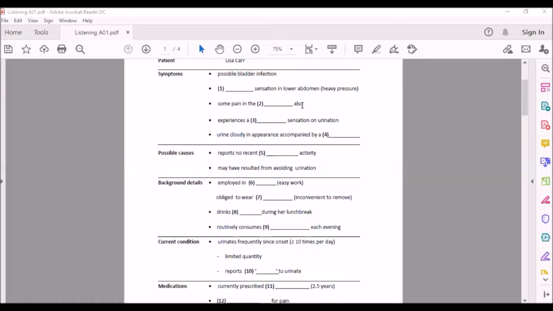You have 30 seconds to read this page, and then the recording normally starts. Only 30 seconds. That's why you need to know what you need to do. So what should you do first in those 30 seconds?